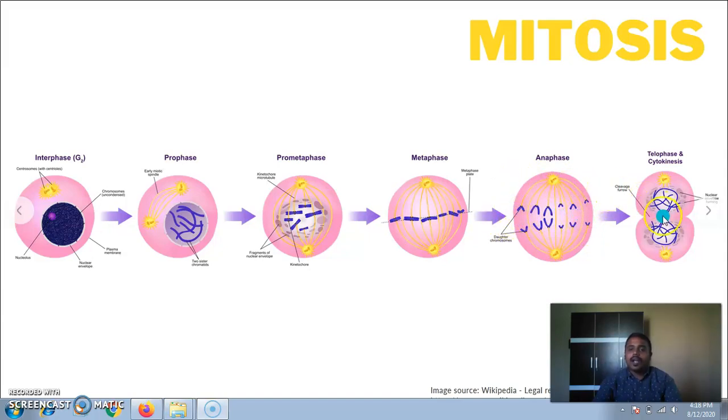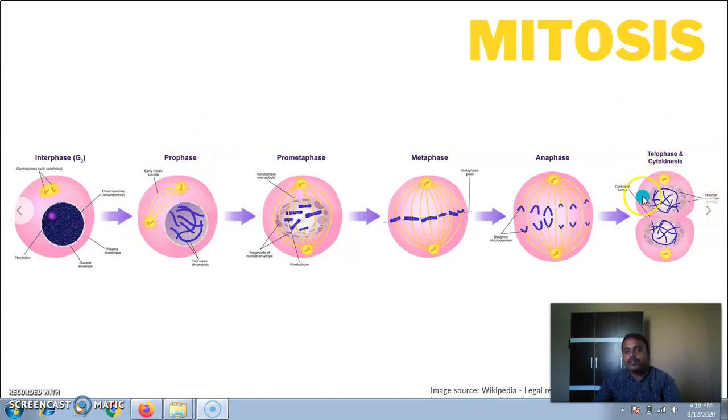Now the last stage of your mitosis. What happens here? It is called telophase, which completes with the cytokinesis process. So what is telophase? During telophase, whatever we mentioned in the prophase, the reverse of it is going to occur.